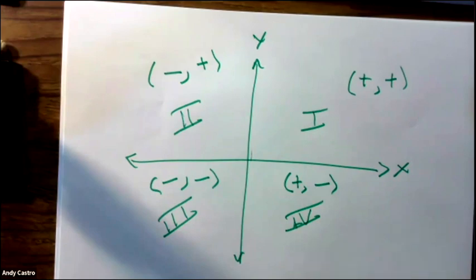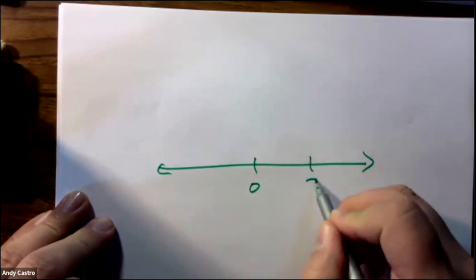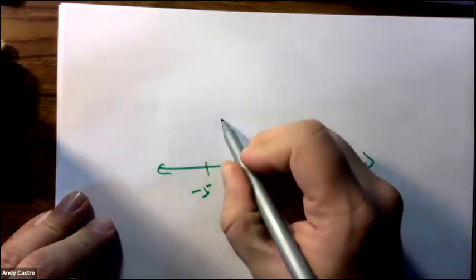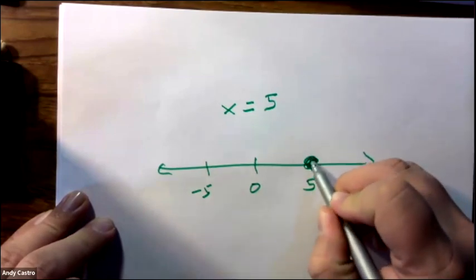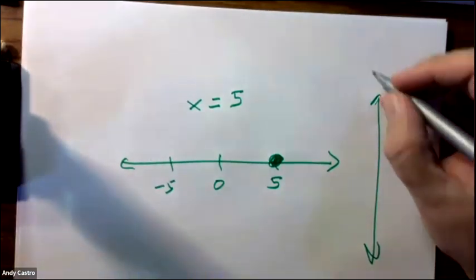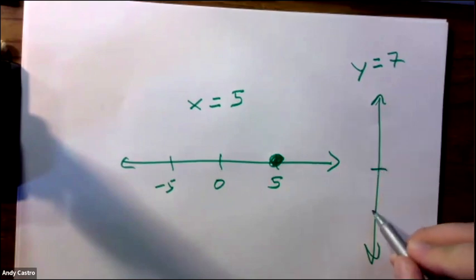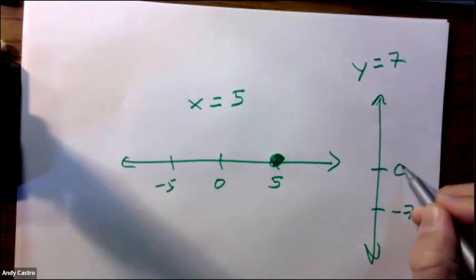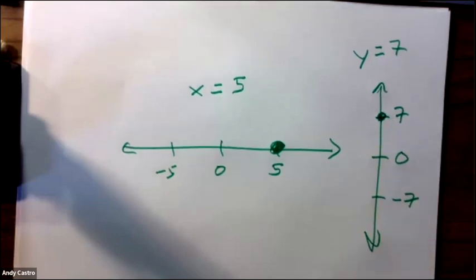And so when you plot points, just like you plot it on an XY, you do X is equal to 5. You would be right there. And up and down, if you had Y is equal to 7, you would have a mark at 7.